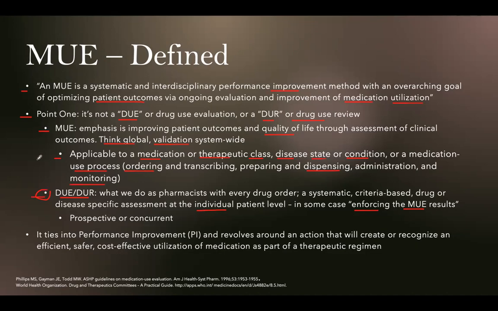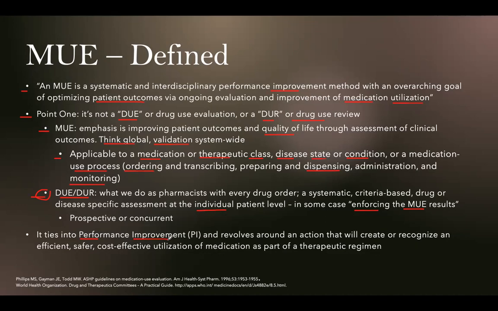Okay, so we differentiated an MUE from a DUE. But keep in mind, when you think about MUE, we talked about improvement. It's going to be performance improvement. Some of these will be continuous quality improvement, so you'll always be looking at it. But improvement is the key word, and it revolves around patients.